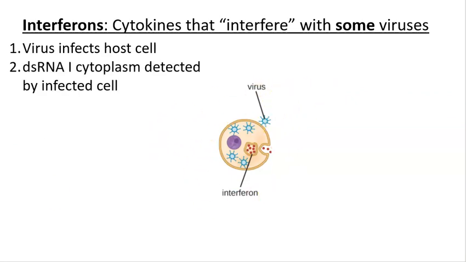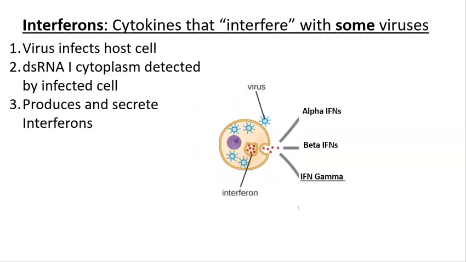And that virus is going to, in this case, release double-stranded RNA into the cytoplasm. And that'll get detected by this infected cell right there. And that is a trigger for that cell to actually start producing these interferons that are out there. And so we've got alpha and beta interferons and then gamma interferon. And those are going to be secreted into the surrounding area right there.